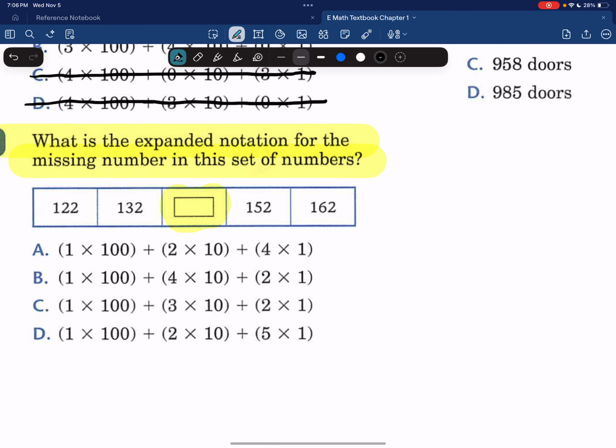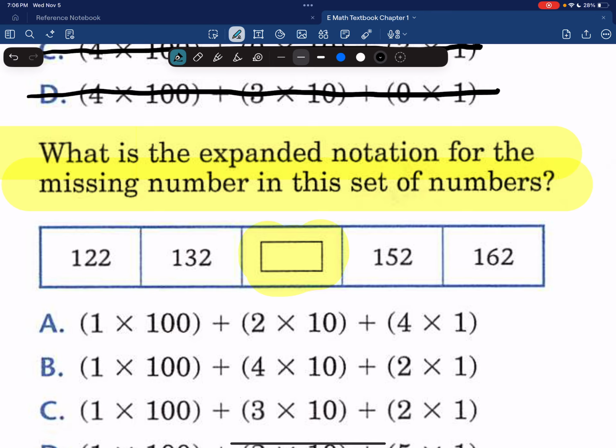So let's look at this pattern, see if we can break the pattern. 122, 132, missing number, 152, and 162. What is the thing that's changing in each of these numbers? The ones and the hundreds places are the same. In other words, all of them have a 1 in the hundreds place.